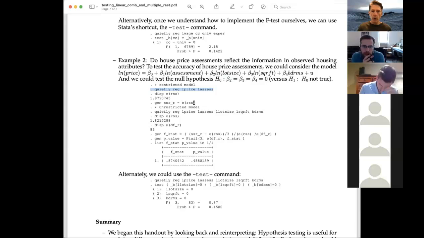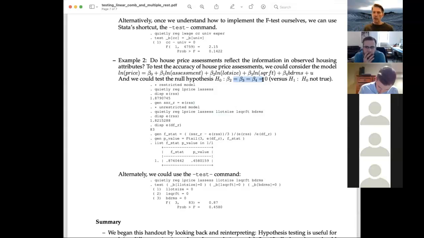We store the sum of squared residuals for a subsequent calculation. We estimate the unrestricted model, right? And we can access the degrees of freedom in the residual and the residual sum of squares. Here's our F statistic, right? The difference in sum of squared residuals divided by 3, because that's the number of restrictions, right? You got 3 equal signs here.